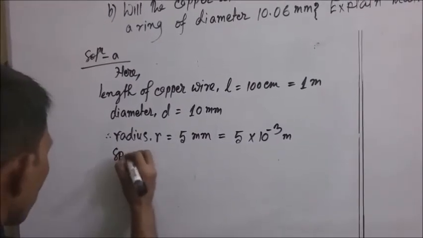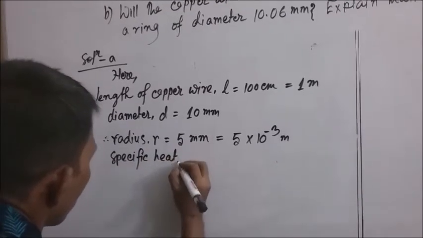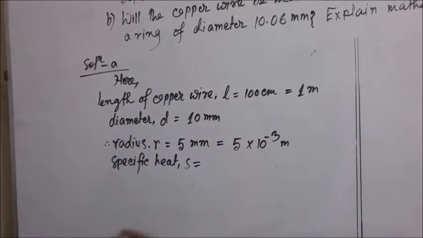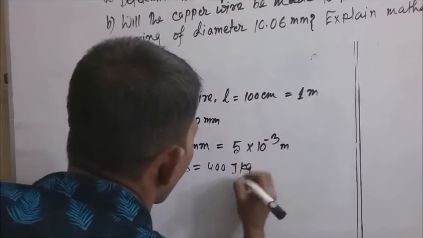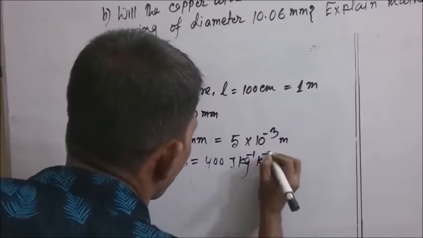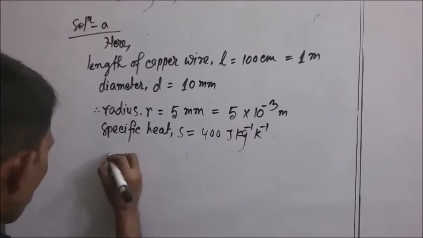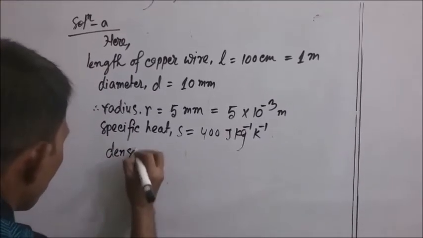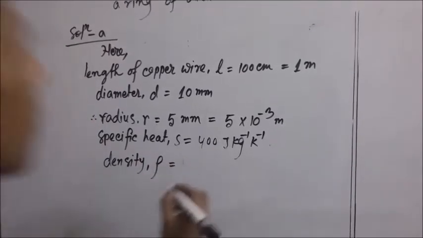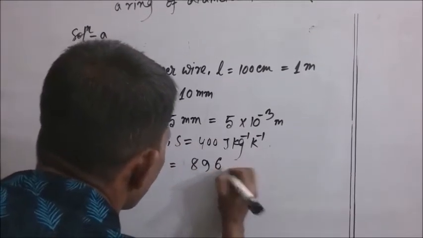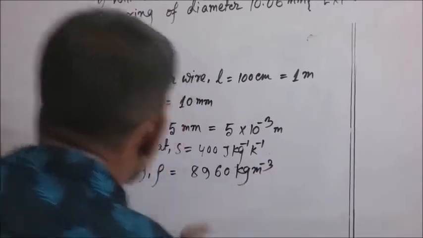Specific heat S equal to 400 joule per kg Kelvin. Density rho equal to 8960 kg per meter cube.